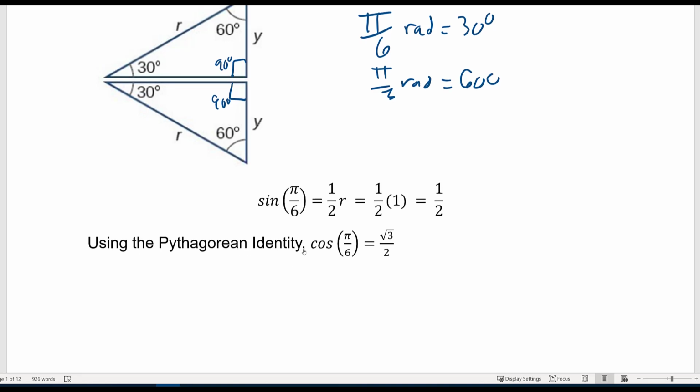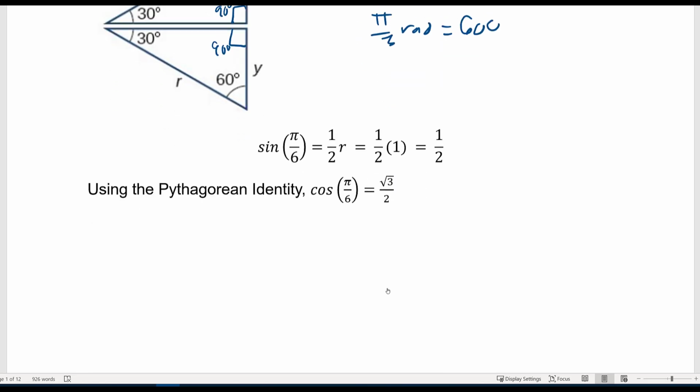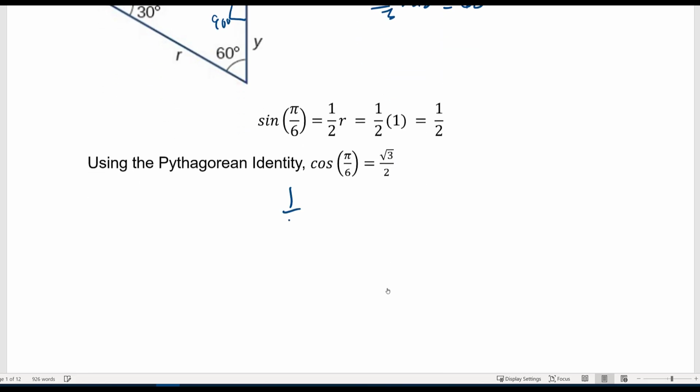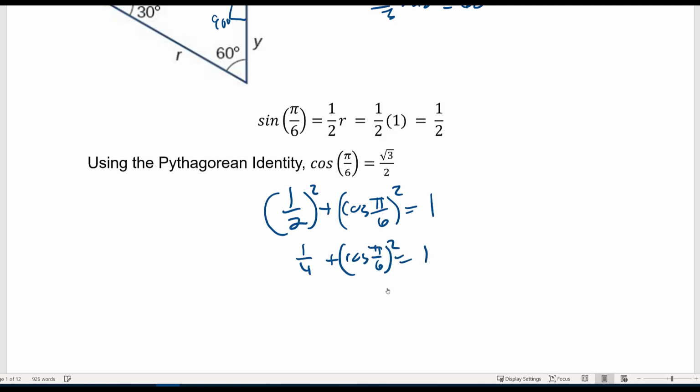Using the Pythagorean identity, we can then solve that cosine of pi over 6 is square root of 3 over 2. Because you'd have 1/2 squared plus cosine of pi over 6 quantity squared equals 1. So that's 1/4 plus cosine of pi over 6 quantity squared equals 1.